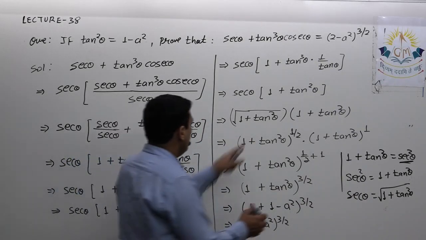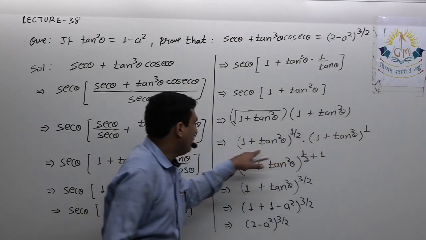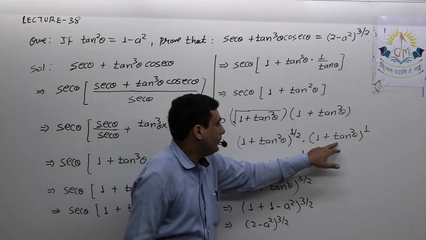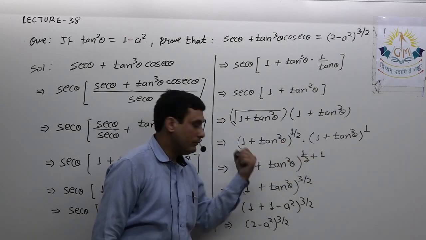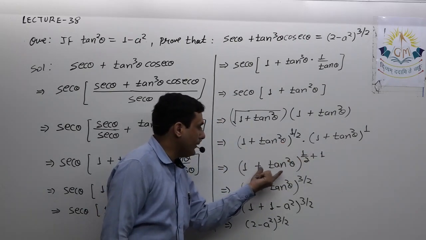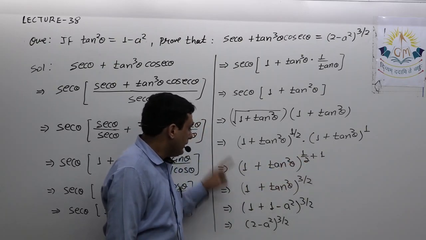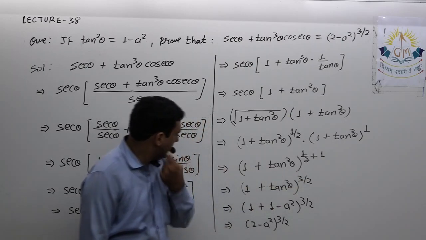Then after that, root means power 1 by 2. So I wrote 1 plus tan square theta raised to 1 by 2. Then 1 plus tan square theta raised to 1. Now here I applied the laws of exponent. So I got 1 plus tan square theta raised to 1 by 2 plus 1, that is 1 plus tan square theta raised to 3 by 2.